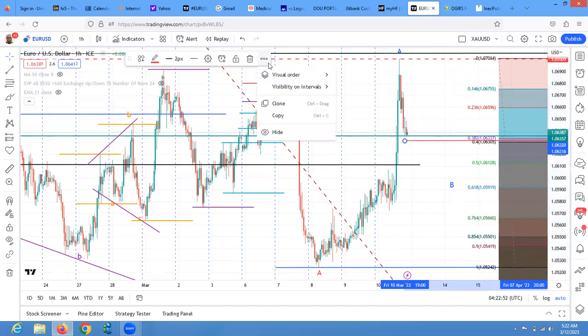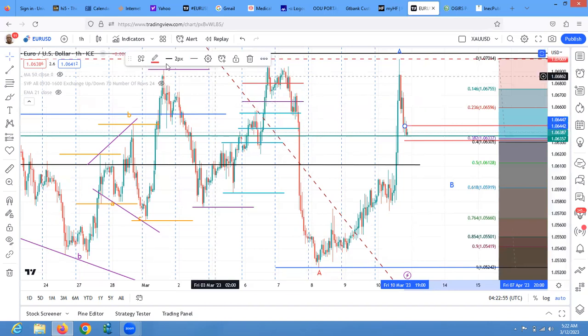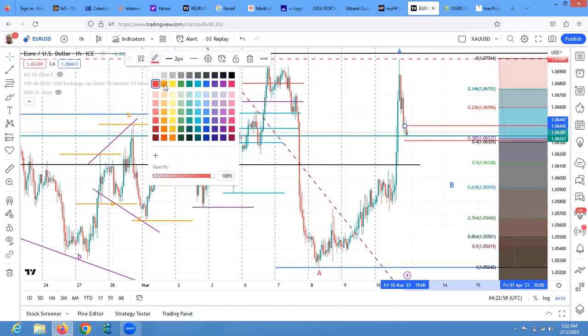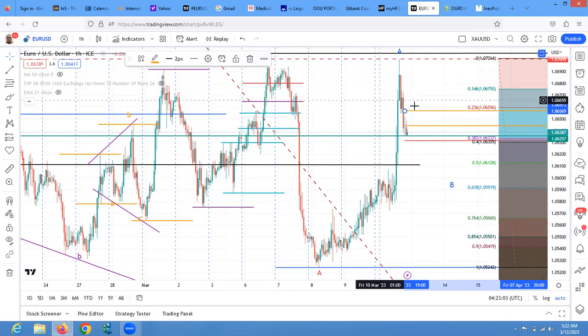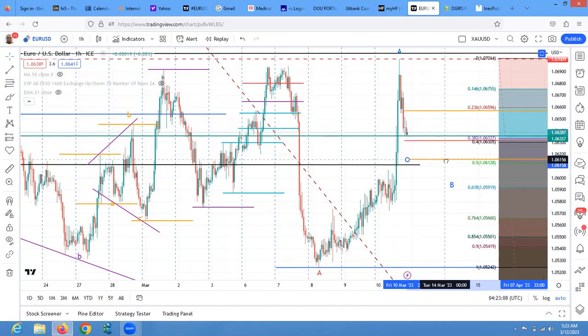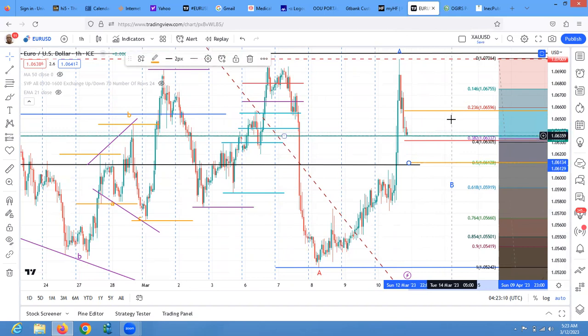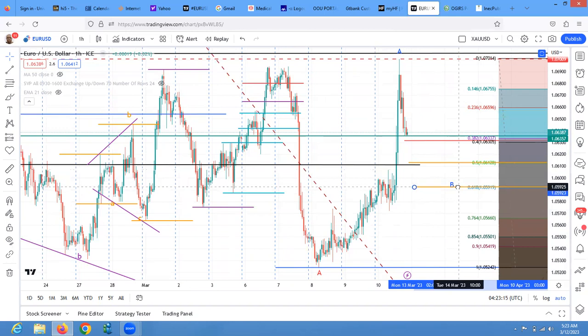So entire run between 50 and 61.8. These are the areas I want to see reaction, but I would like to come more down, actually, and look for my buy around this area, not a shallow area there.